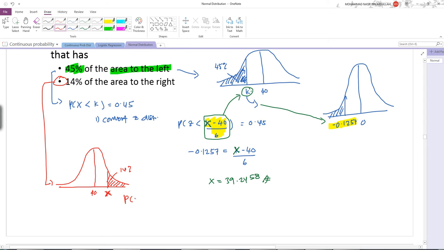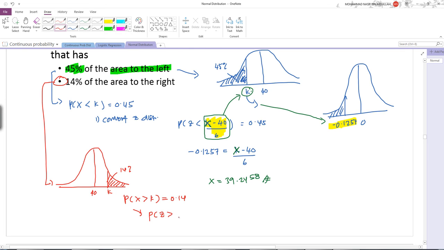So that means we want to find the probability of x more than, we put it as k here. So the value of k is equal to 0.14. Right? So we convert this to the z distribution.